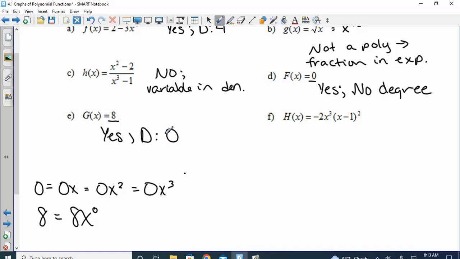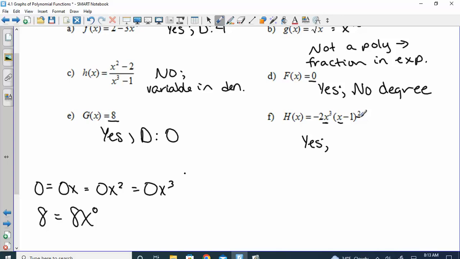So let's talk about shortcuts, because we don't want to multiply this all out. Would you agree that this is a polynomial? We don't have any fraction or negative exponents, no dividing. So the degree is like asking how many variables do you have? We don't want to multiply it all out, but we could think about this. This has 3 x's.